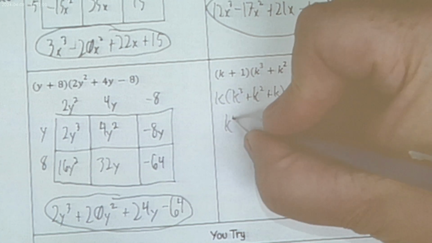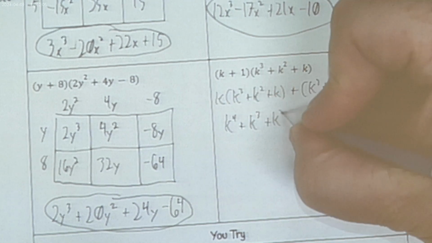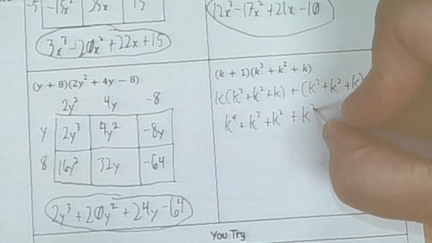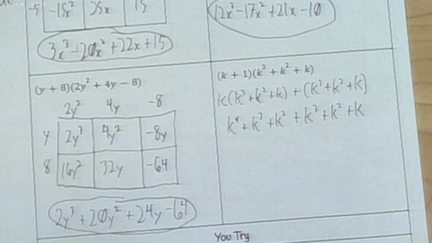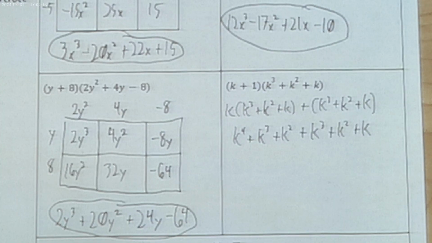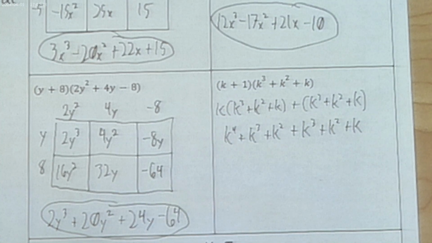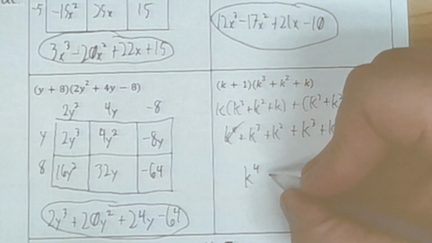So I've got k to the 4 plus k to the third plus k to the second plus k to the third plus k to the second plus k. Well, this is kind of what you get when you don't have any coefficients. All right, so I've got 1k to the fourth, so that one's out.